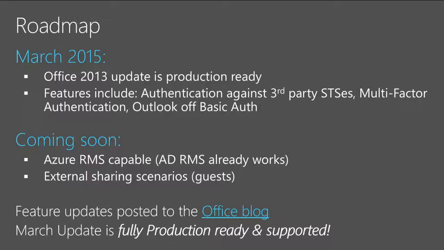OK, roadmap. So you're probably going to hear this, I think, 5 times today. First of which is the features are in the Office 2013 clients as of the March update. They're fully supported, and they're production ready. Those features include, as you mentioned before, authentication against third-party STSs, as well as support for multi-factor authentication.